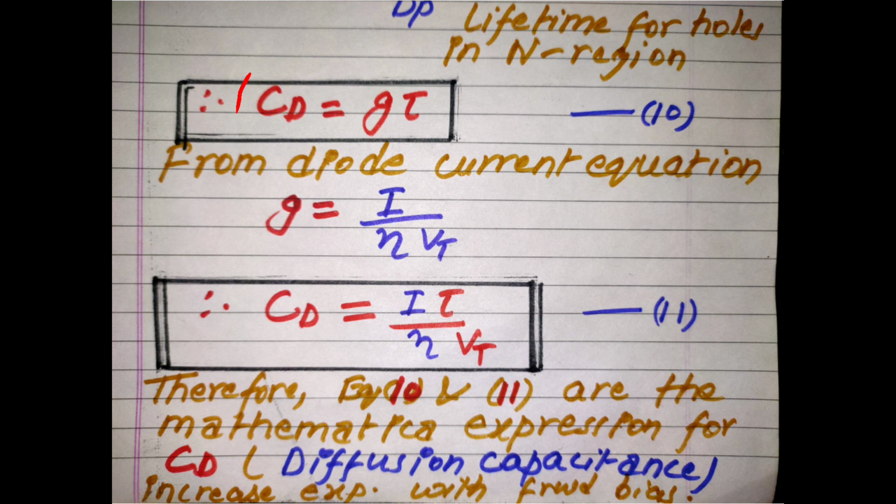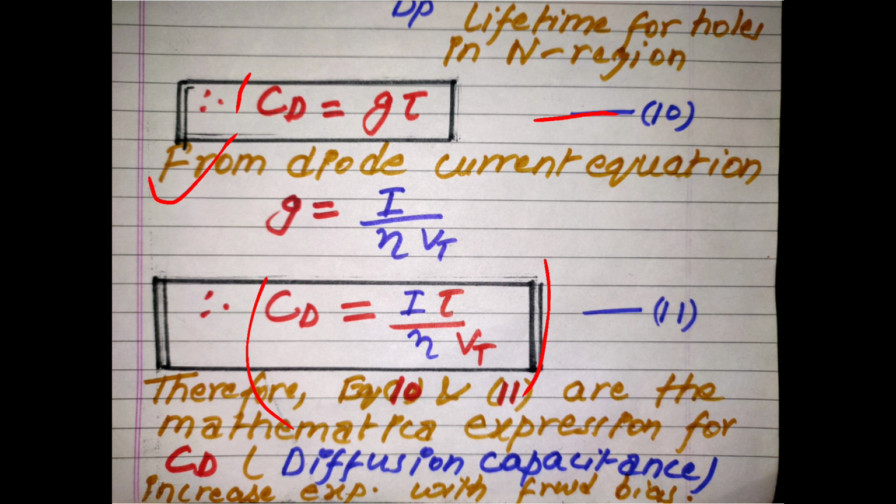And now, from the diode equation, this is equation number 10. Now we are using the diode current equation. From the diode current equation, G is equal to I upon eta into Vt. If you substitute this value in equation number 10, then we will get equation number 11 in terms of Vt.